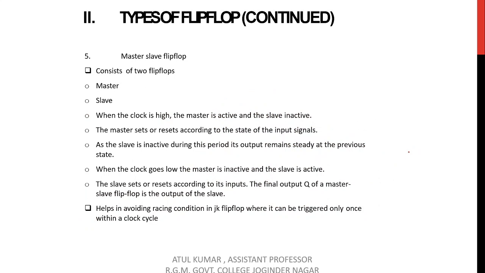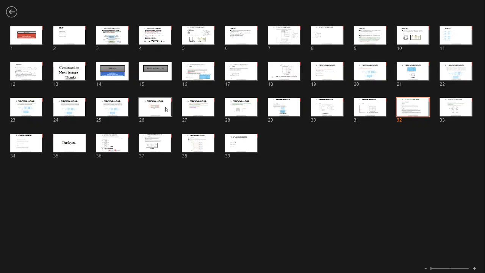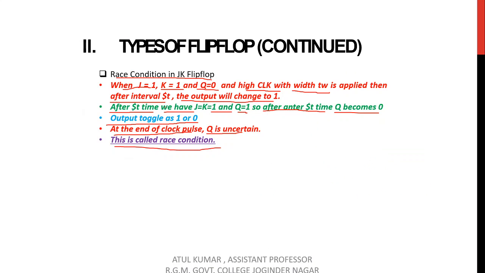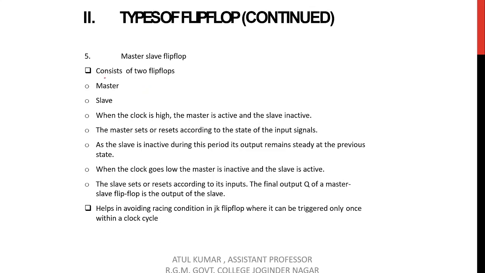The next flip flop we have is the master slave flip flop, and in this kind of flip flop we use two flip flops. One is called the master and the second one is called the slave.